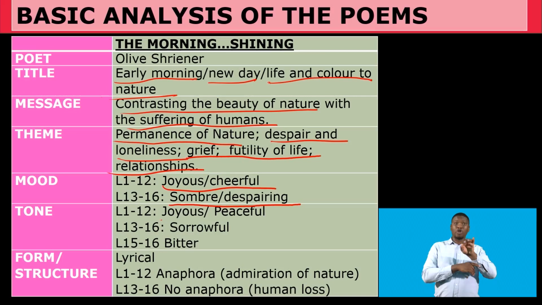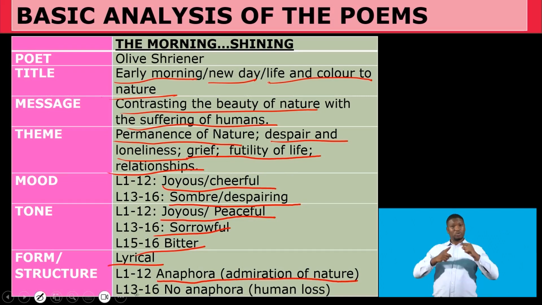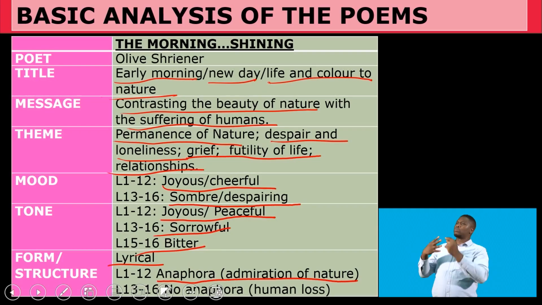The tone is joyous and peaceful in lines 1 to 12. Then it is quite sorrowful in lines 13 to 16, and one could even say in lines 15 and 16, it becomes quite bitter. The form is lyrical, and it uses anaphora in lines 1 to 12 to show the admiration of nature. And in lines 13 to 16, it uses no anaphora to indicate the human loss component.